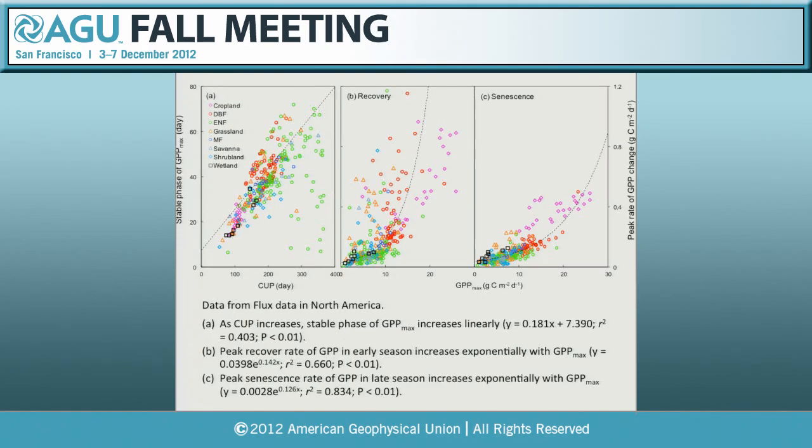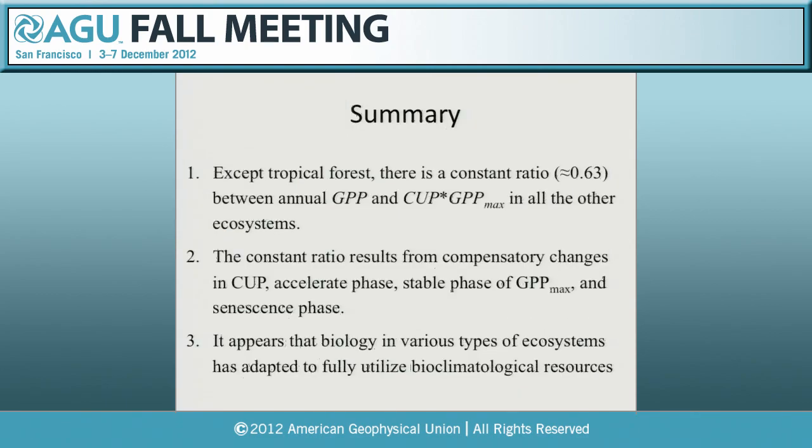We looked at the data again and found this relationship. It's not as tight as the 0.663 relationship, but it indicates that nature probably does have compensatory mechanisms to maintain that ratio.